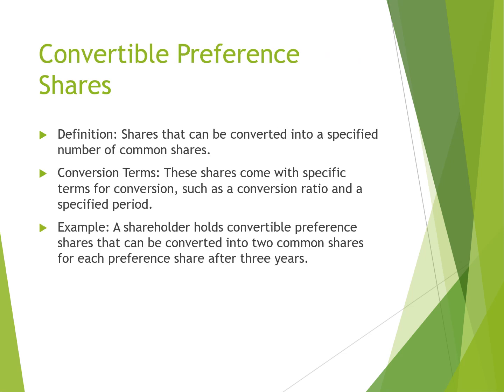Convertible preference shares. The shares can be converted to a common share. They follow what is called a conversion ratio. Say for example, a shareholder who holds convertible preference shares can convert each preference share to 2 common shares after 3 years.